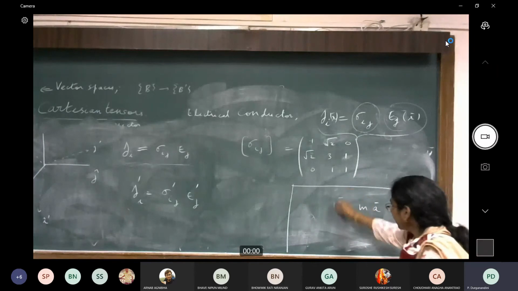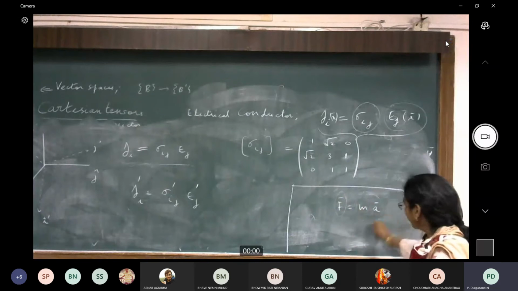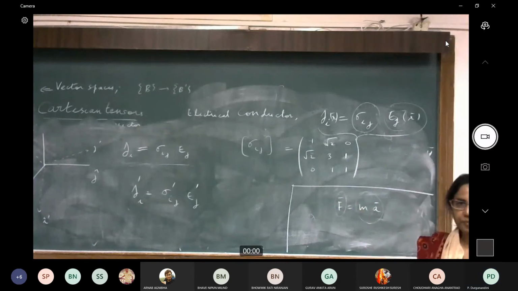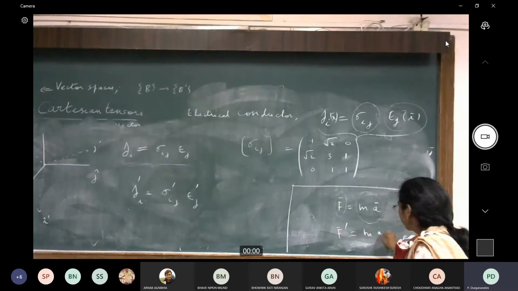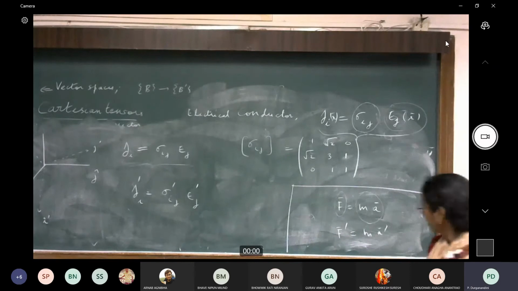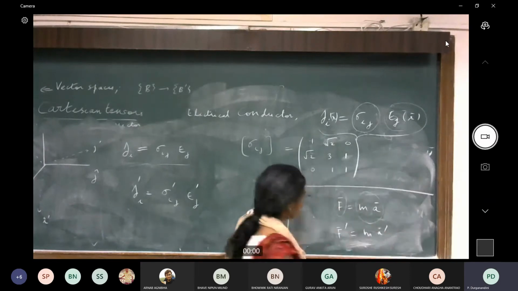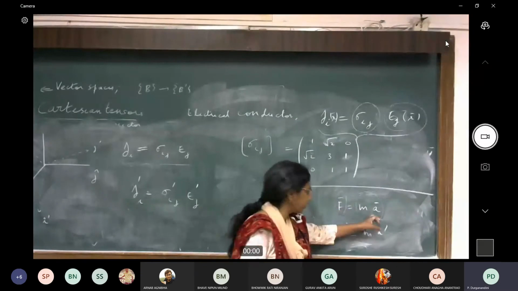So the right-hand side also transforms like a vector. And if I go to any other coordinate system, the equation will simply become like this. That's why it is independent of the choice of coordinate system, because the form of this equation remains the same.